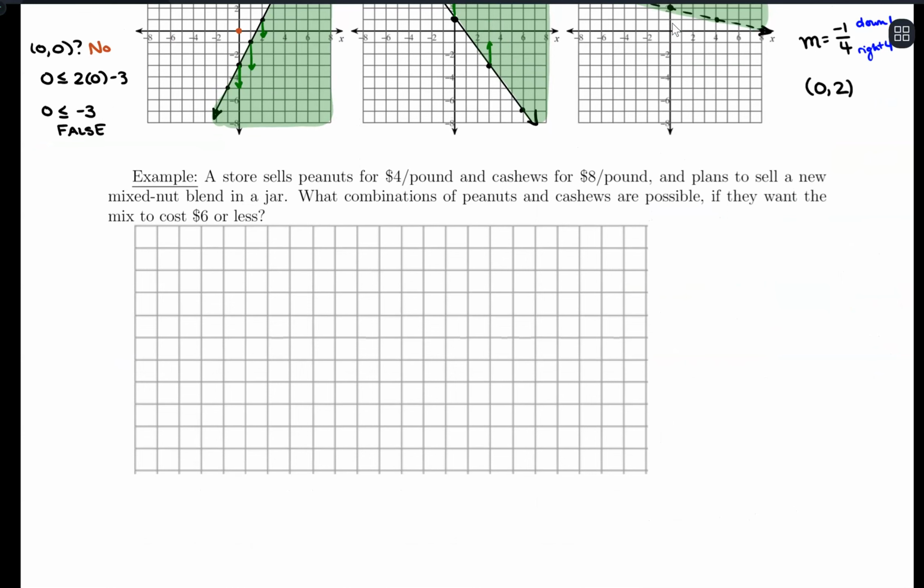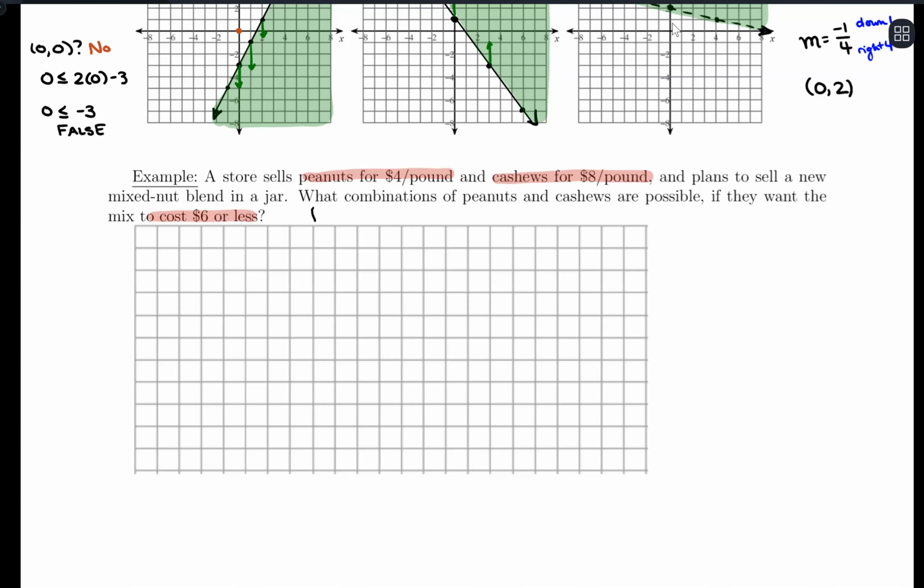Let's take a look at an application. So we have a store that sells peanuts for $4 per pound and cashews for $8 per pound. And they plan to sell a new mixed nut blend in a jar. What combinations of peanuts and cashews are possible if they want the mix to cost $6 or less?